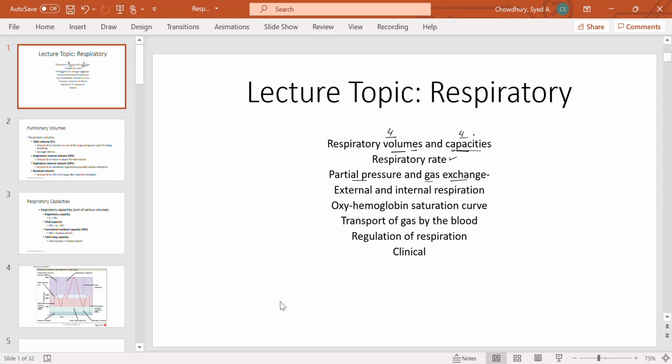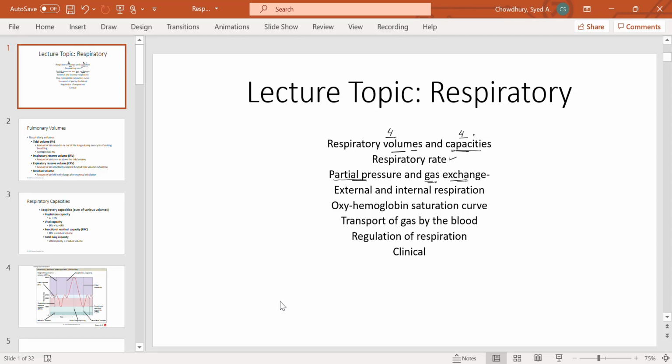So this is a rule of gas movement of oxygen and carbon dioxide from high pressure to low pressure. Gas always moves from high pressure area to the low pressure area. Okay, we'll see how the movement of the oxygen and carbon dioxide takes place by the pressure difference.